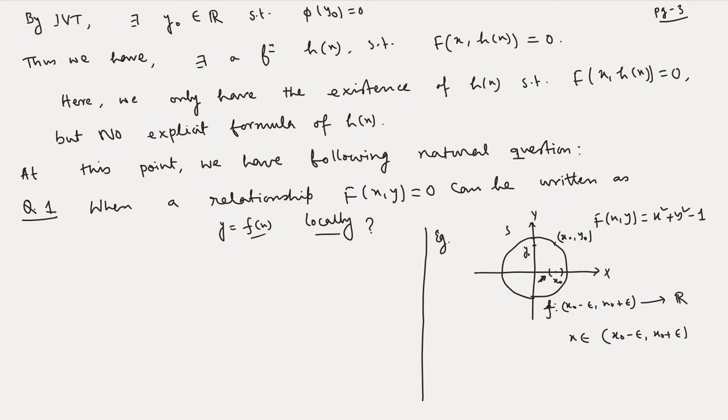Suppose this is point x, and there exists f of x over here, such that f of x comma f of x is equal to 0, and f of x should be near y naught.